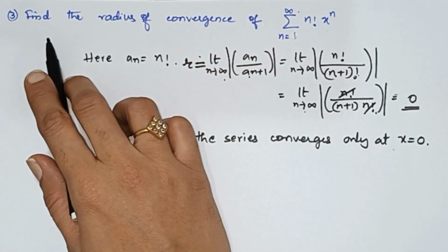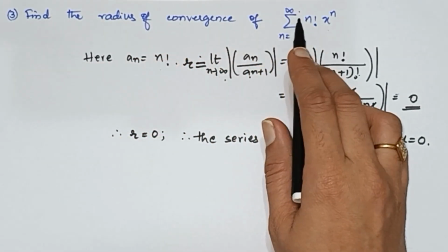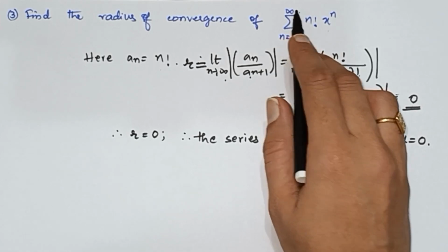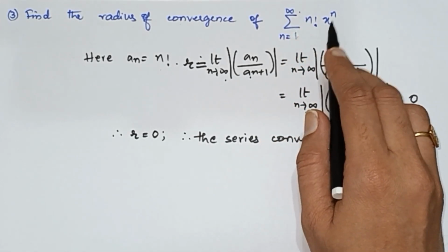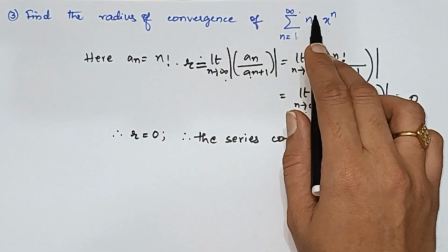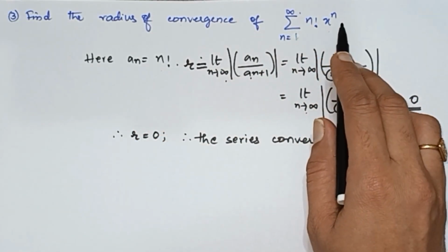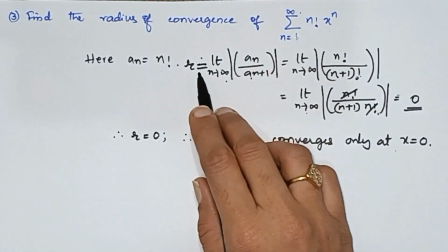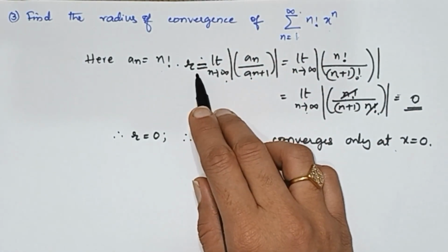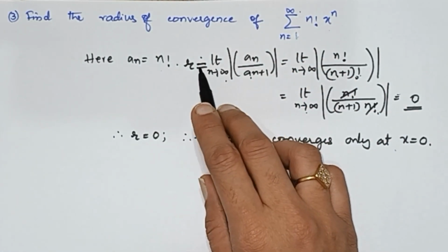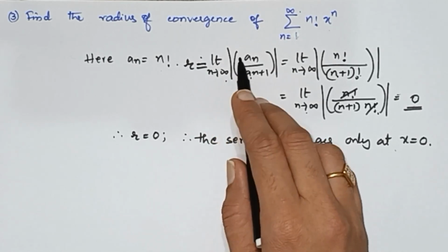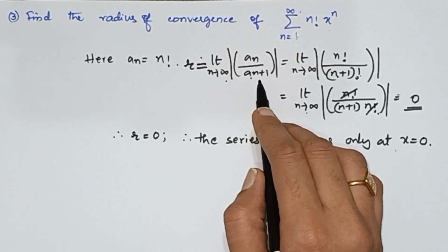Third problem: find the radius of convergence of the summation n equal to 1 to infinity of n factorial into x to the power n. Here an equals n factorial and center c equals 0. Therefore, let us find the radius of convergence using the formula r equals limit as n tends to infinity of modulus of an divided by an plus 1.